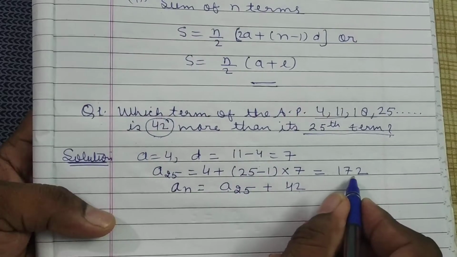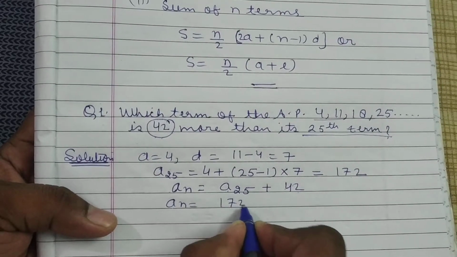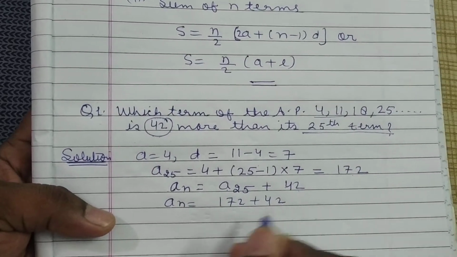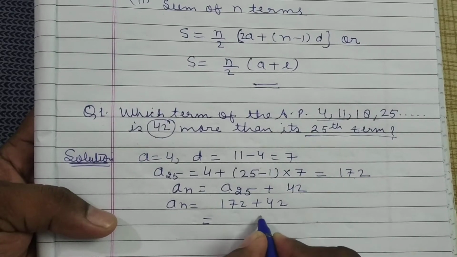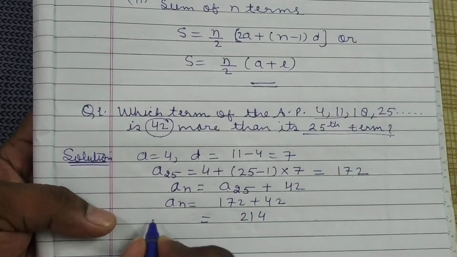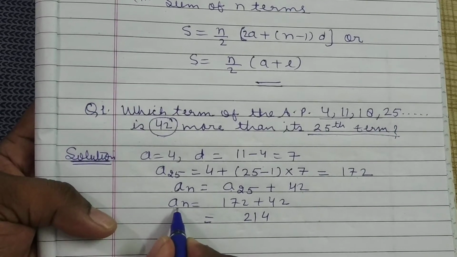The 25th term you have calculated is 172. So an is 172 plus 42, and its total will be 214.